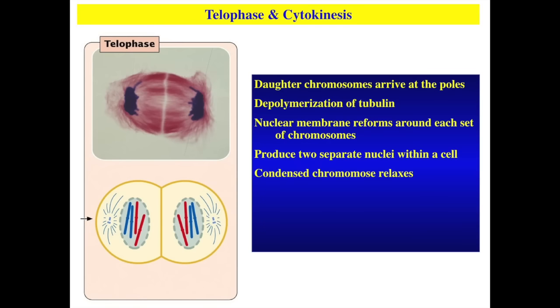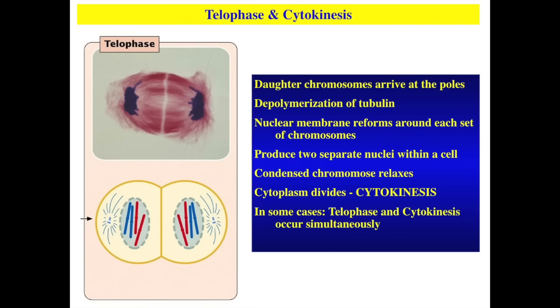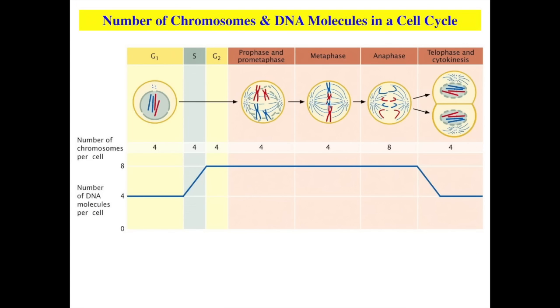The condensed chromosomes relax, the cytoplasm divides, and this is cytokinesis. Now we have two separate cells. In some cells, telophase and cytokinesis occur simultaneously. And then we're back at interphase.